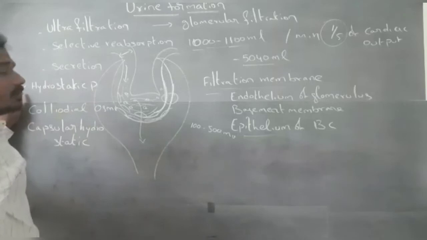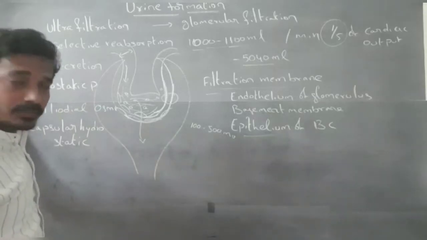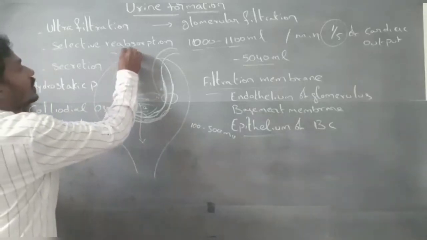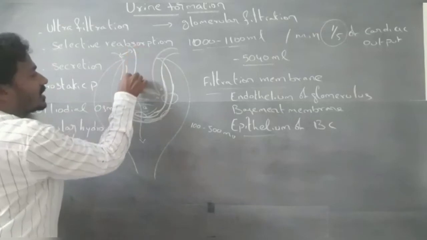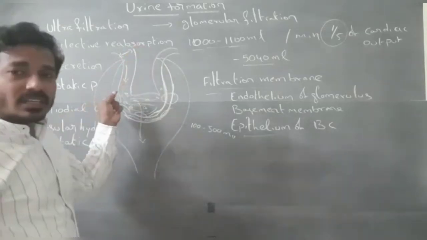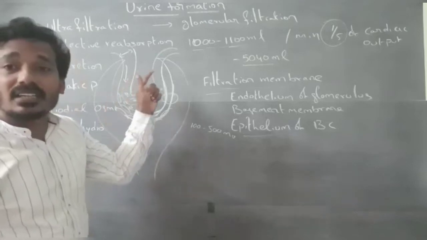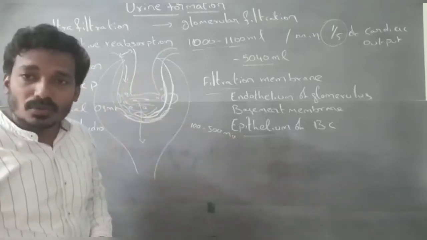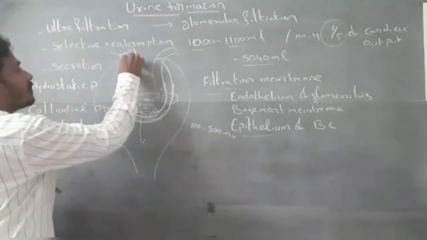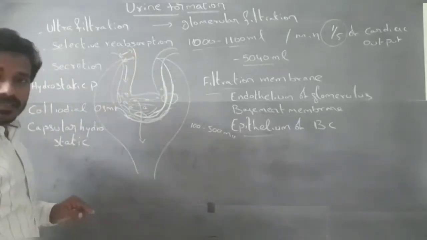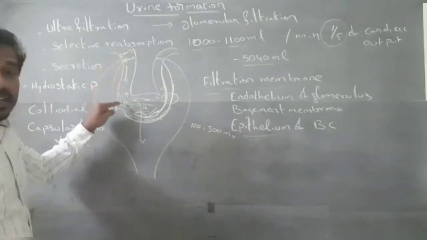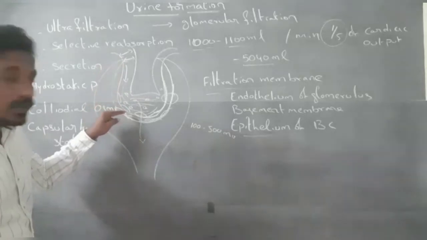First, blood hydrostatic pressure. The diameter of the afferent arteriole is larger than the efferent arteriole, so pressure increases in the afferent arteriole.